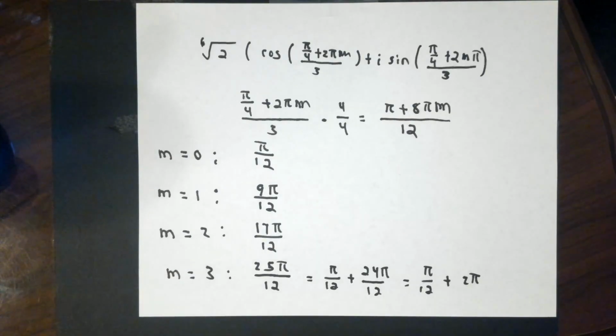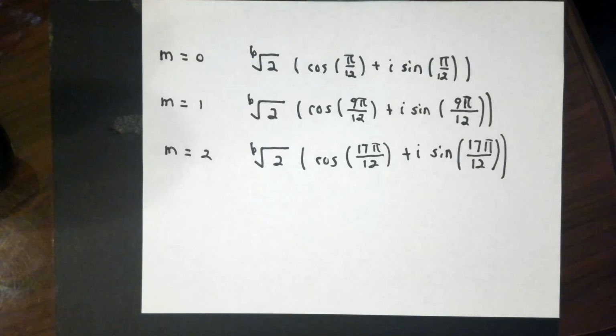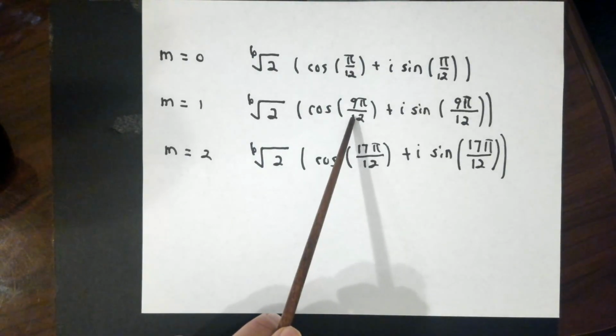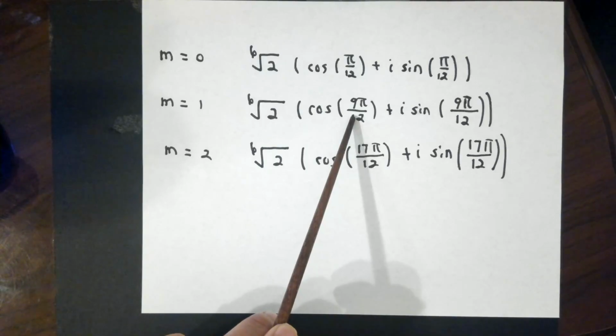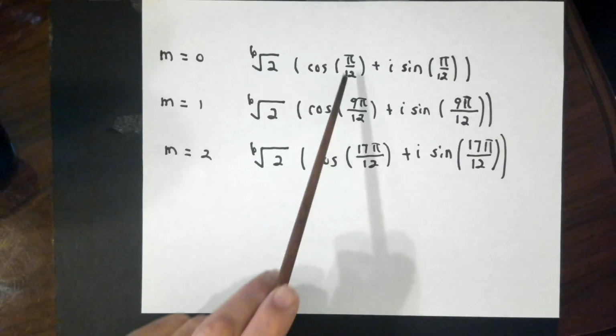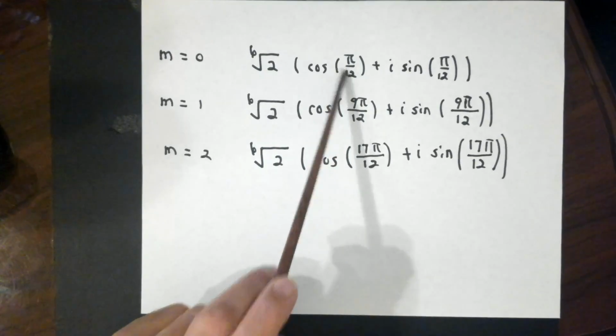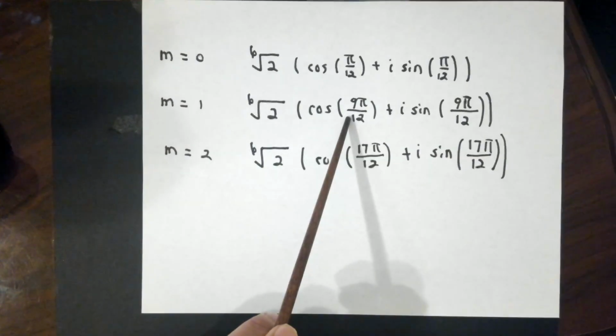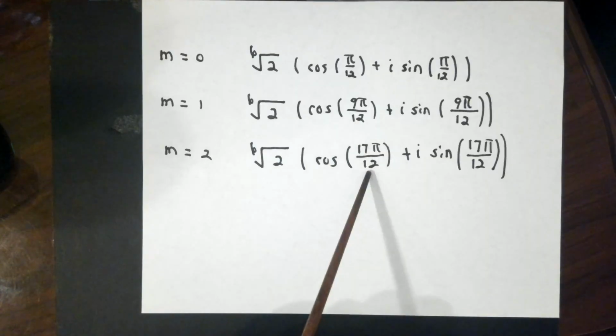That'll tell us all of the interesting bits. It's worth mentioning that this angle is 8 pi over 12 bigger than that one. If I take this angle and add 8 pi over 12 to it, I get 17 pi over 12.